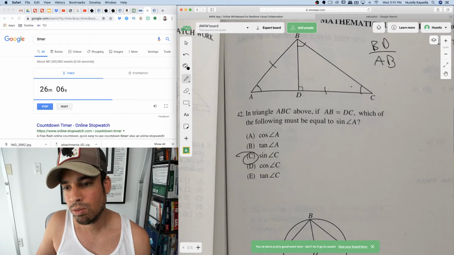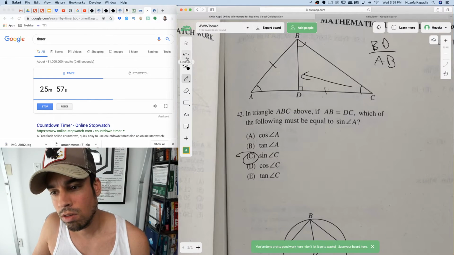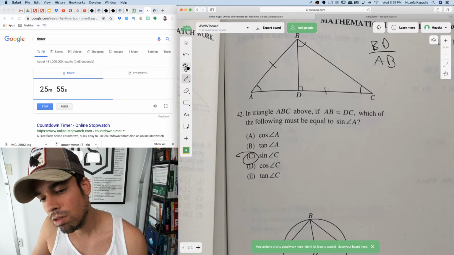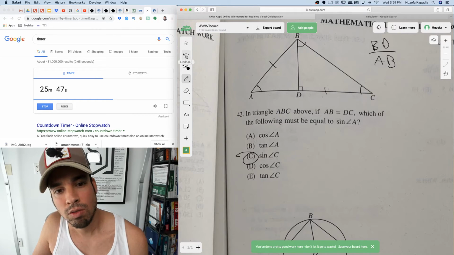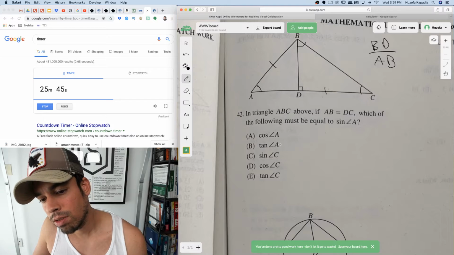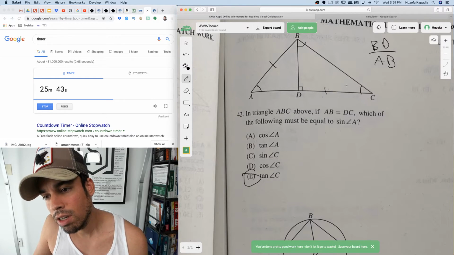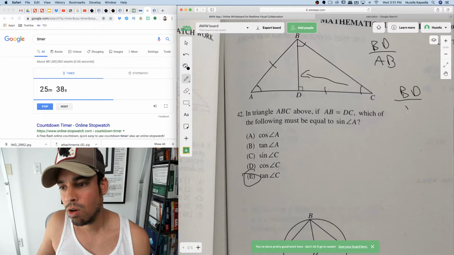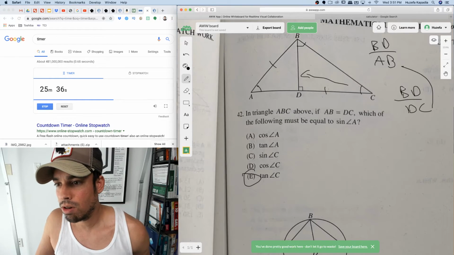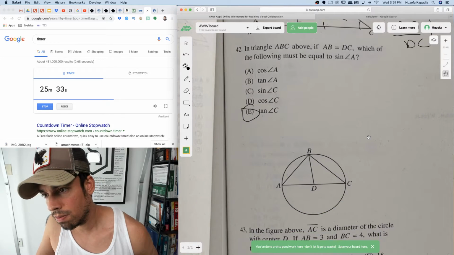You see, because we're doing opposite, which is still BD, over hypotenuse, which is no. No. Uh oh, hold on, I messed up. I think it's tangent of C. Opposite over adjacent, which is BD over DC, but DC and AB are equal, so it's that one. Tangent of C. That's it.